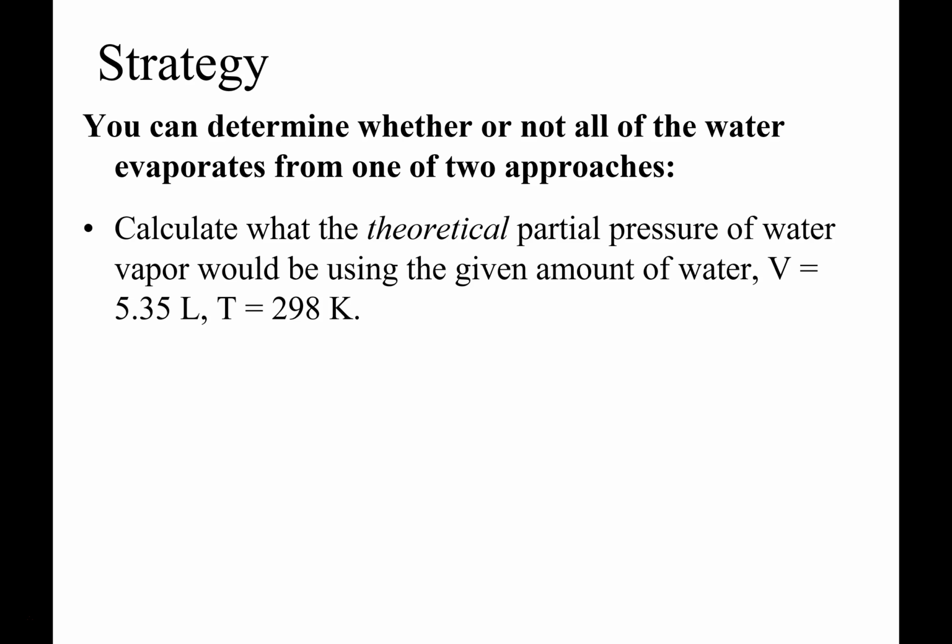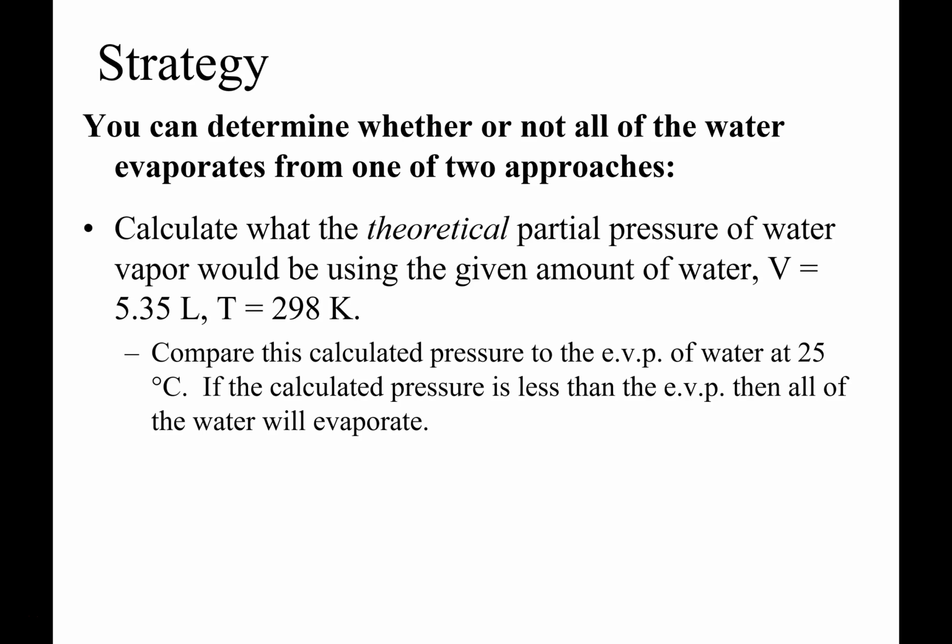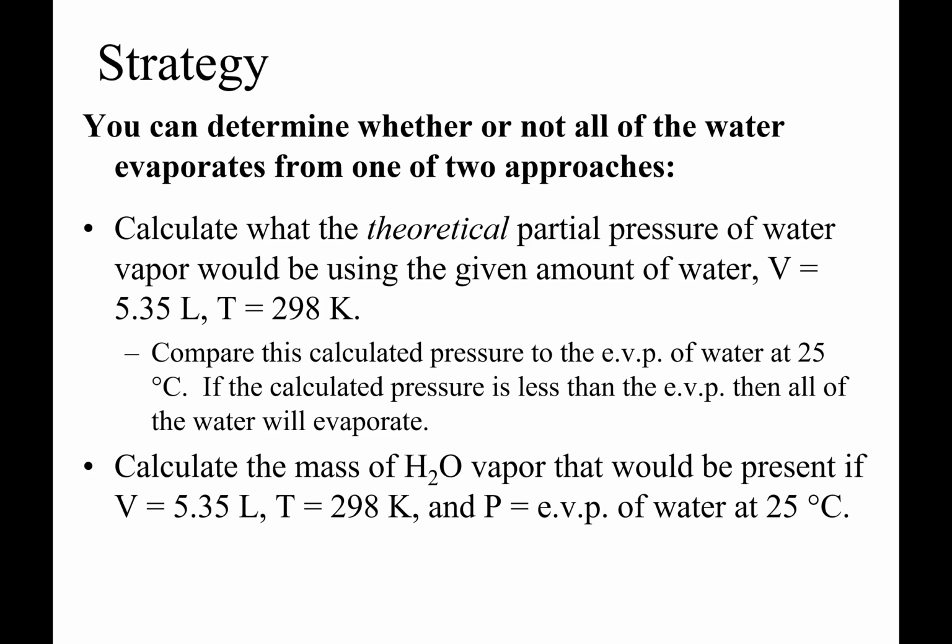I know pressure, I know volume, I know temperature. How many moles of water vapor could I hold in that Erlenmeyer flask? We could do that. That's one way. And then compare: if that number was larger than our 0.110, then you've got plenty of room to evaporate that. If it was smaller, we know it wouldn't all evaporate.